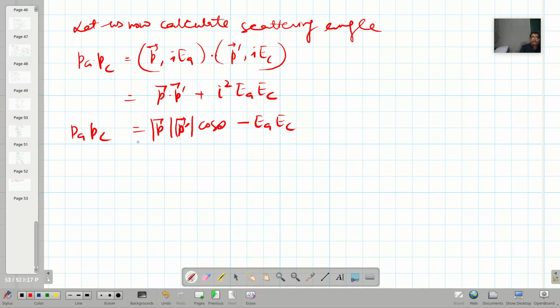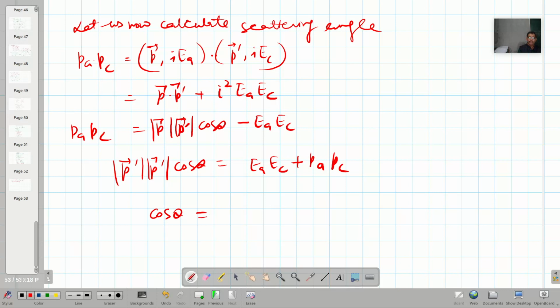So PA PC is equal to this one. So now P P prime cos theta can be written as EA EC plus PA PC. Therefore cos of theta can be written as EA EC plus PA PC whole upon P P prime.